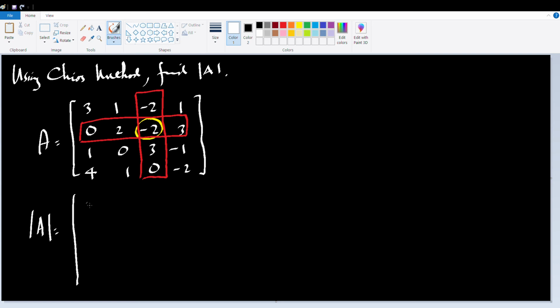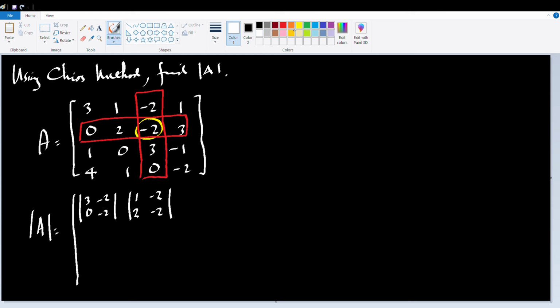So that will be 3, 0, negative 2, negative 2. Next, 1. Here is your Aij together with these elements. So that will be the determinant of 1, negative 2, 2, negative 2.